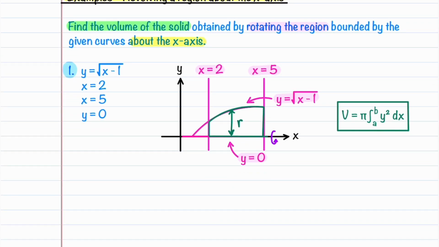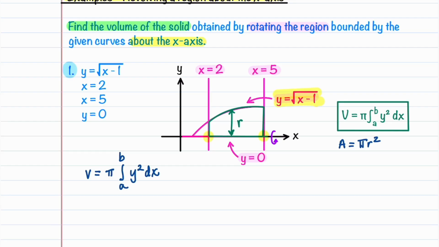So the formula that we're going to use is the volume is equal to pi times the integral from a to b, y squared dx. And that's because our cross-sectional area is pi r squared. X is going to range from 2 to 5, and this is our y.